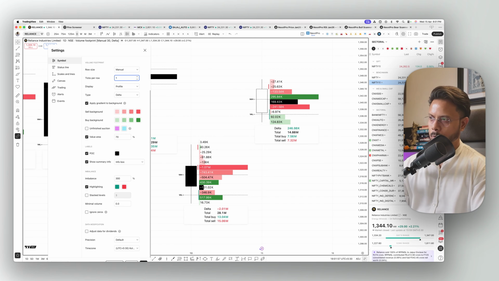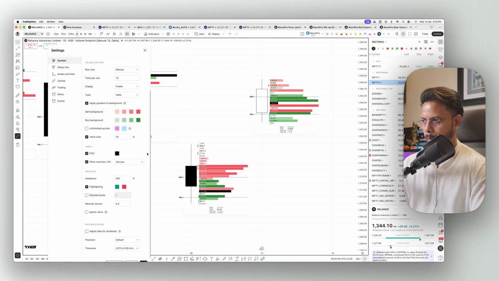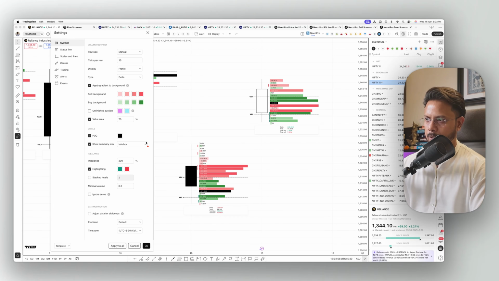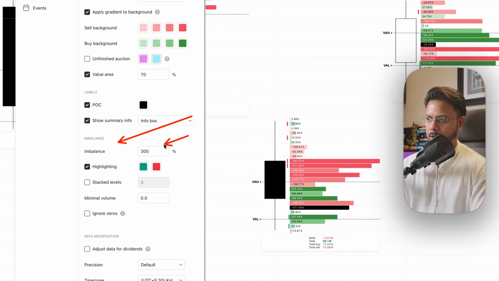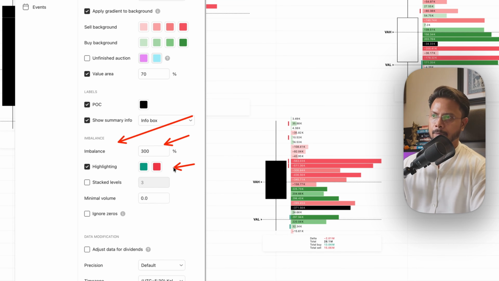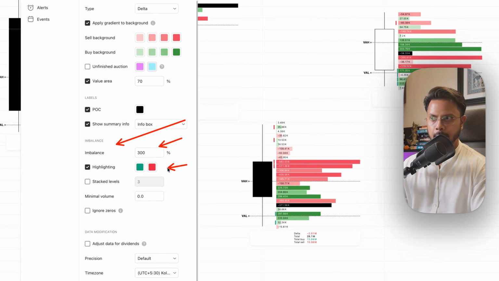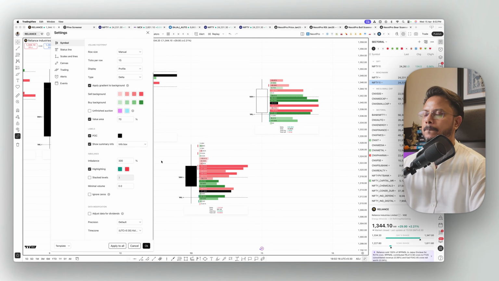Going back to my usual 10, let's make it 15 for this particular chart and see how it looks. Not bad. Okay. Now, the imbalance part. Check over here, imbalance 300% highlighting. This is where you have to pay a little bit of attention. What is it trying to say?